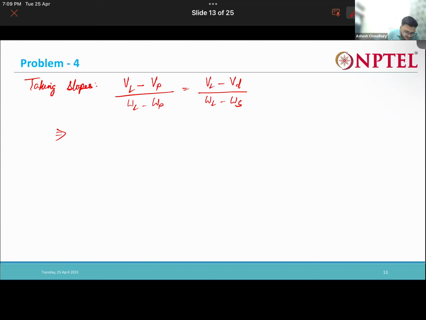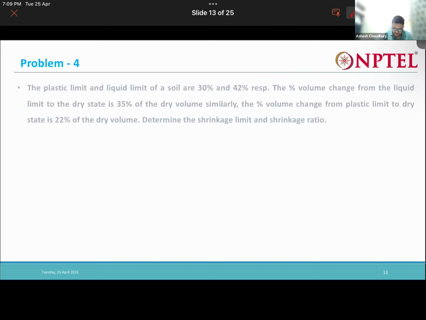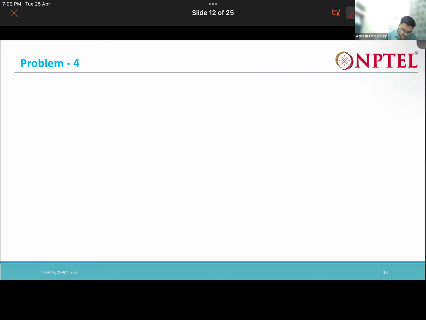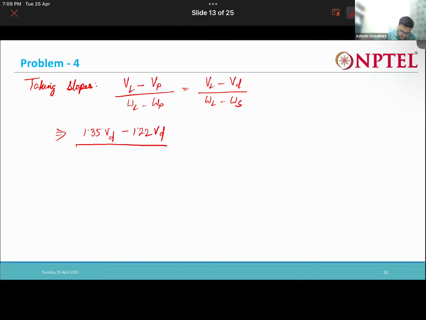So VL minus VP, we can write this as 1.35 VD minus 1.22 VD. So what we are doing is that we are just representing VL and VP in terms of VD. So VL is 1.35 VD, VP is 1.22 VD, from the given conditions, right?